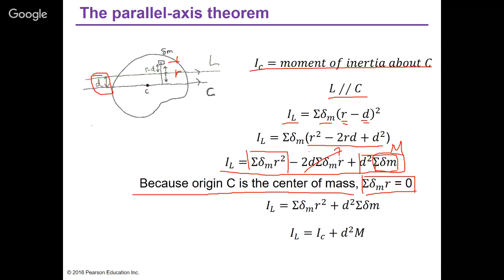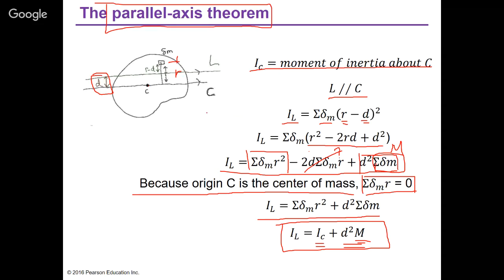It's a zero term, and your moment of inertia is the moment of inertia about the original axis that passes through the center of mass, plus the distance between the two axes raised to the second power times the total mass. So now we've derived the parallel axis theorem.